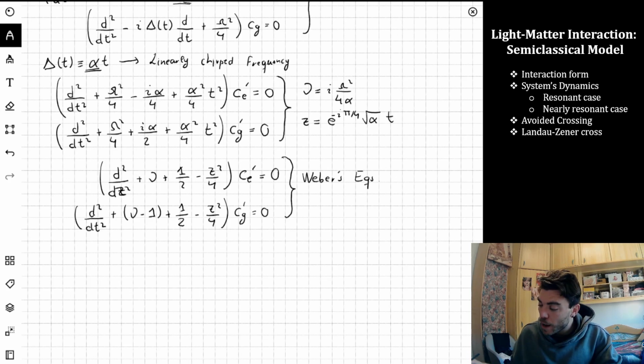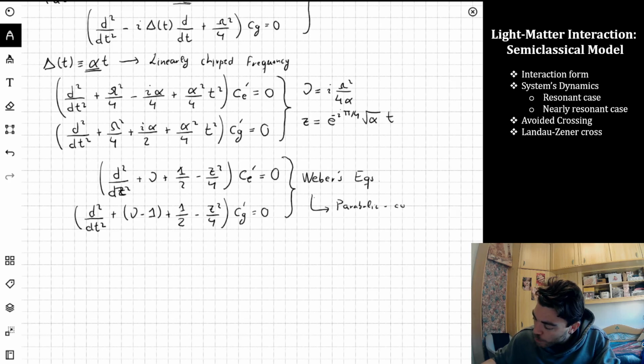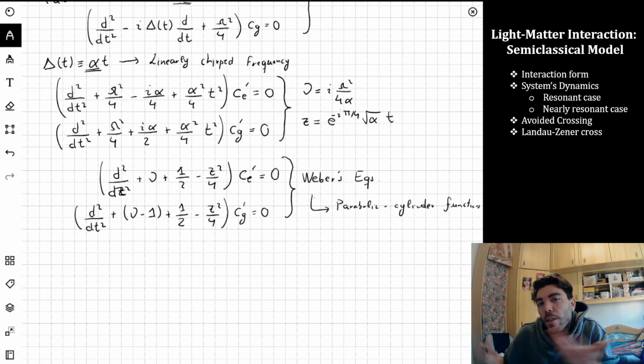These are in this form, and we know the solution to this equation. Well, Weber derived the solution for these equations. The solutions are called parabolic cylinder functions, sorry, not equations. Like Bessel functions, just another family of functions that usually are denoted D nu of z.